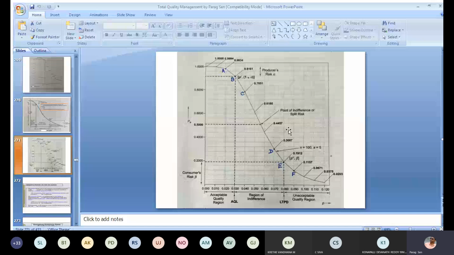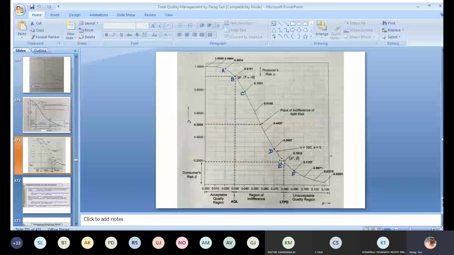Now, your question will be, how can we calculate the consumer's risk? Consumer's risk is denoted by beta, and obviously the probability of acceptance for a corresponding proportion defective, that will be the consumer's risk.